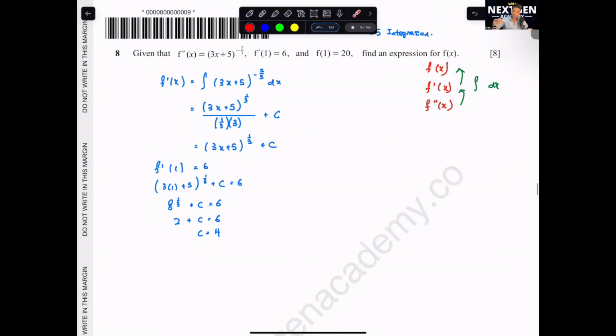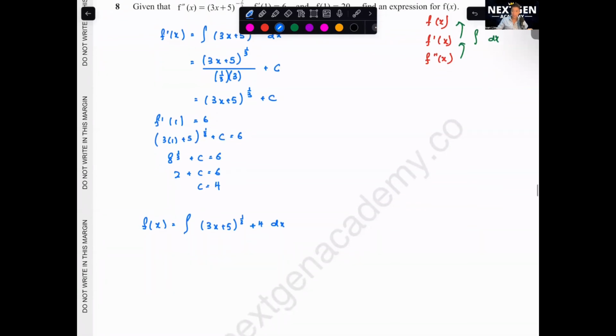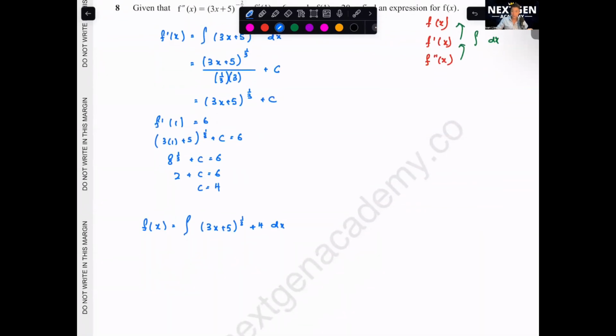Now we want to go another layer up. Now we want to find what is f(x). So f(x) will be equal to the integral of f prime x, (3x plus 5) to the power of 1 over 3 plus 4 dx. We repeat the same process again. You add the power, divide by the new power, then differentiate inside and then divide it. What will we get here? (3x plus 5) to the power of 4 over 3, over 4 over 3.